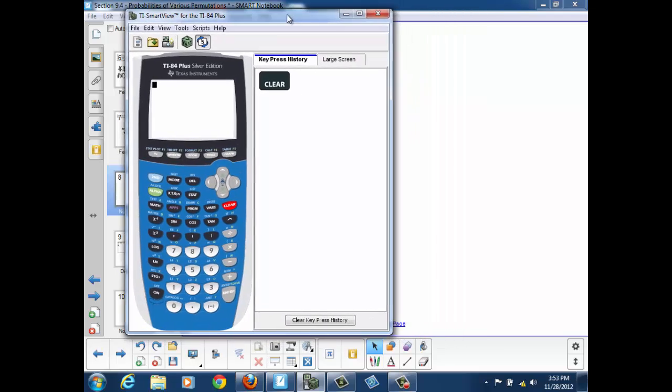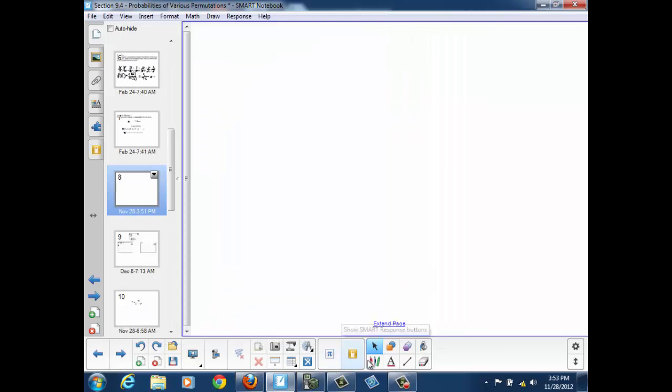Let's say I want to find the number of ways to group 4 objects out of 7.